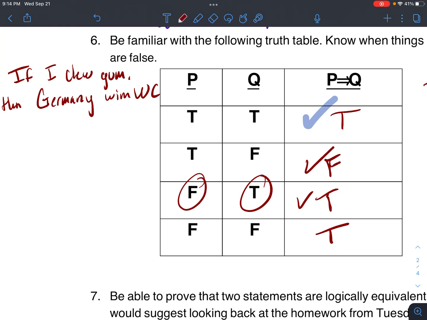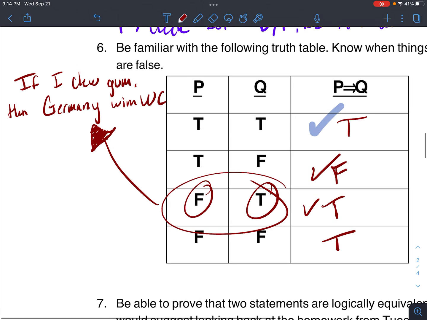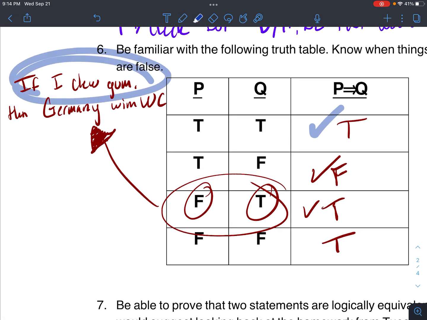Remember, it's not necessarily whether it's true or not, it's whether the statement that you create with this false and true invalidates our original statement. So if I don't chew gum and Germany wins the World Cup, that's still okay. It doesn't invalidate it.